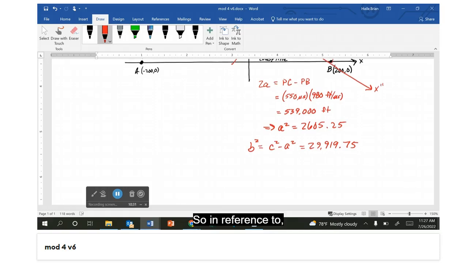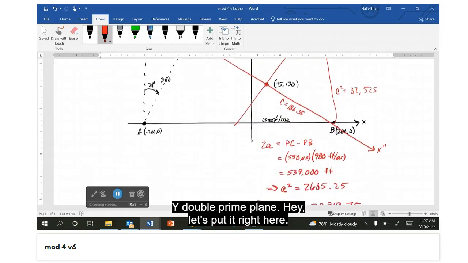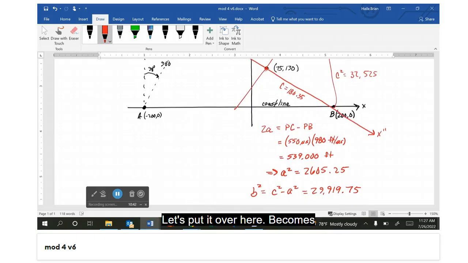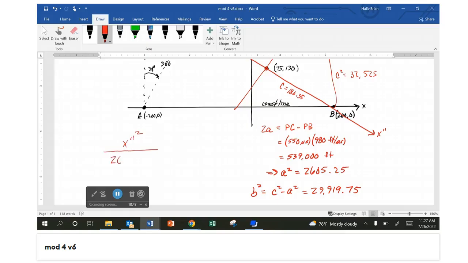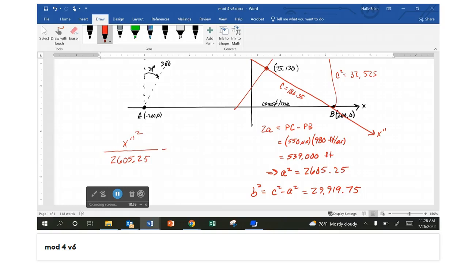So our hyperbola, in reference to the x double prime y double prime plane, becomes, minus y double prime squared over 29,919.75.